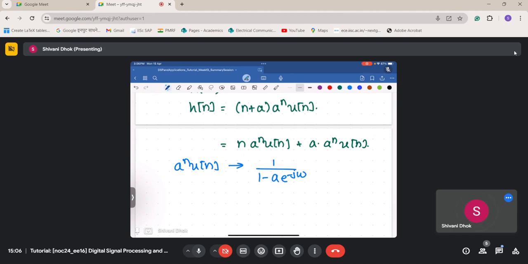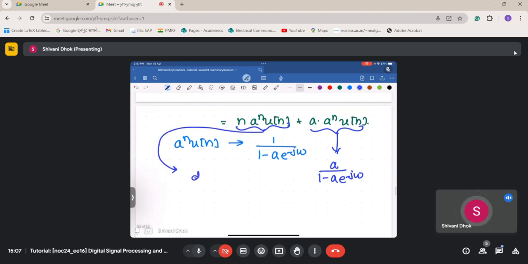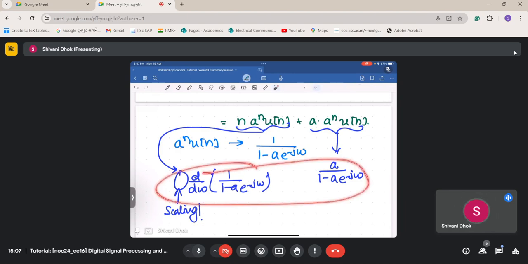So this thing here will have a Fourier transform of a upon 1 minus a into e power minus j omega, and this thing here will have a Fourier transform of something like j d by d omega into 1 upon 1 minus a into e power minus j omega. There will be some scaling here, I don't remember, that you need to take care of. So you just find these two things and substitute here. You will find your h of omega.